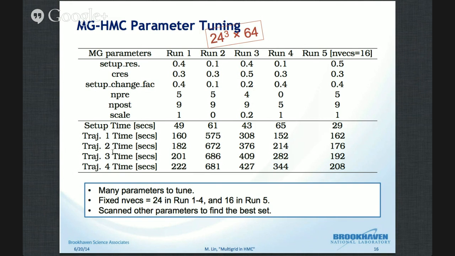I need to point out that the setup is only done once at the beginning of the first trajectory. So after the setup, you evolve for one trajectory. This is the total time for the first trajectory, and then this is the total time for the second trajectory, and so on. So you can see the time actually varies quite a lot for different choices of the parameters.